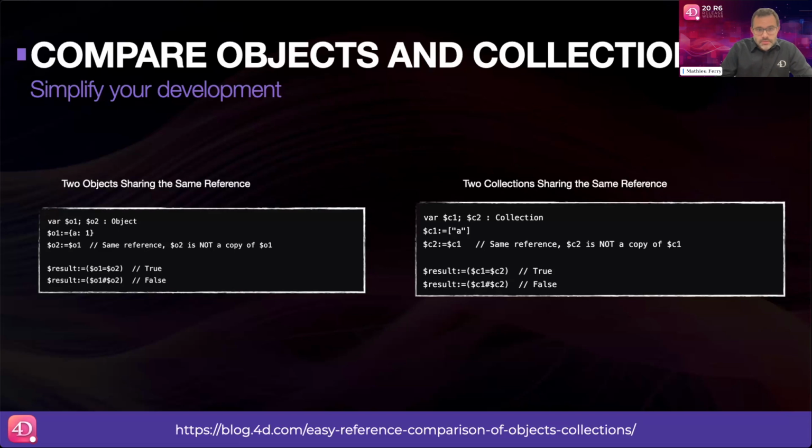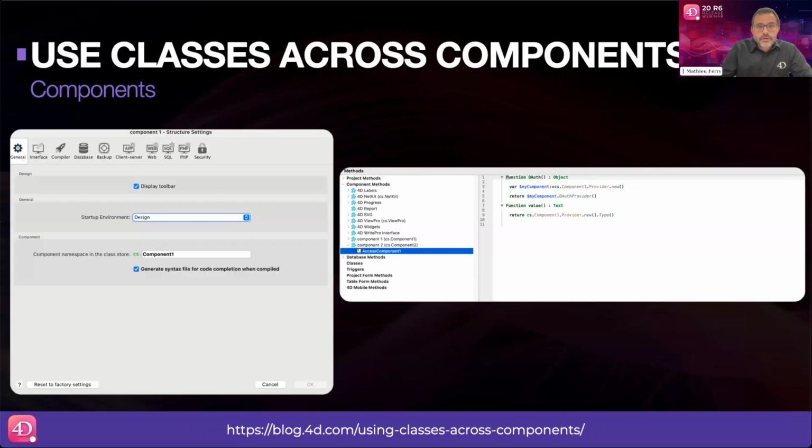So let's continue with another new feature. It's the use of classes across components. This feature addresses a common challenge faced by component developers: the need to access classes from other components within their projects. In previous versions of 4D, achieving this was possible at the cost of workarounds or modifications to the components themselves.